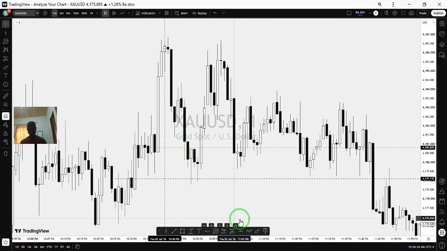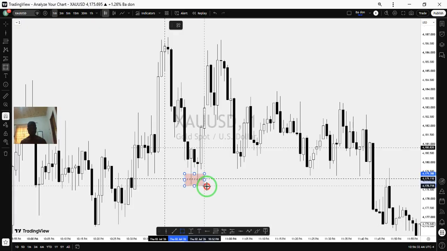Now something I want you all to see is price must wick the POI. If a candle closes below the POI like this with a body, it is no longer valid. Price must wick that level.